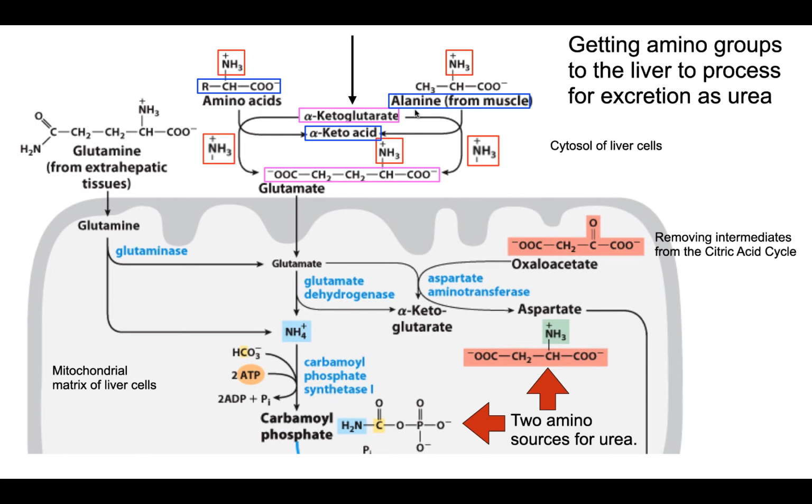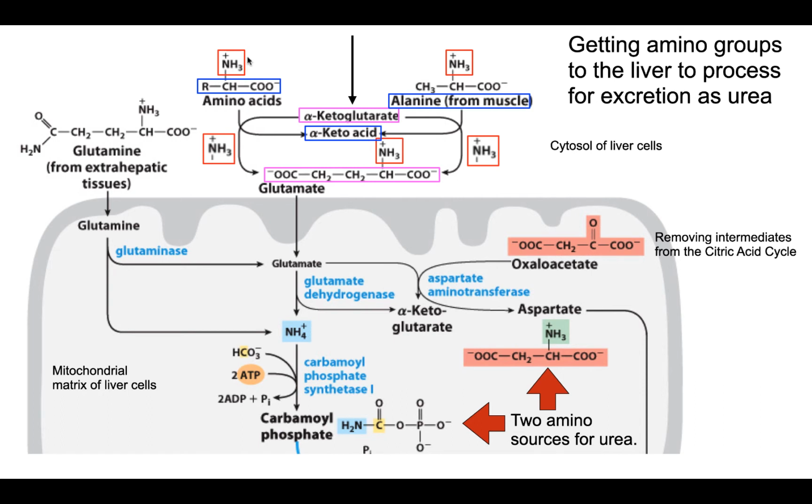And when they get into the cytosol of the liver cells, they are involved in this aminotransferase reaction, where the alanine, for example, dumps off its amino groups to alpha-ketoglutarate to become glutamate. That alanine itself then becomes pyruvate again.